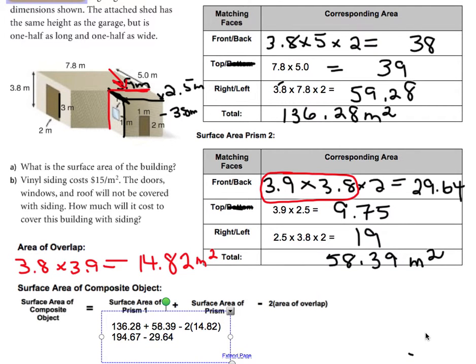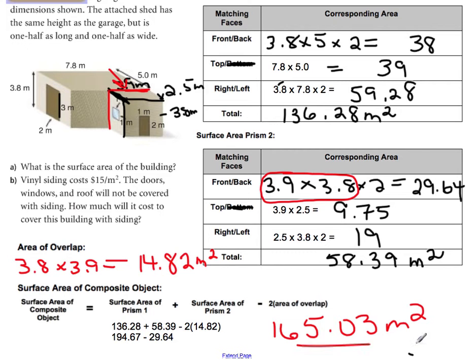So now let's do my last calculation, minus 29.64, and I get 165.03 meters squared. And that is the right answer. I checked that at the back of the book. Okay, so that is the answer to number A.